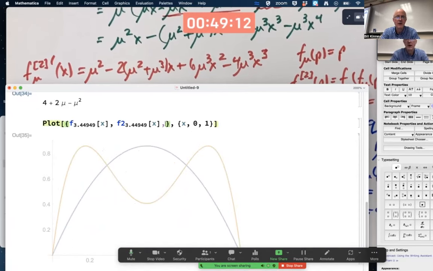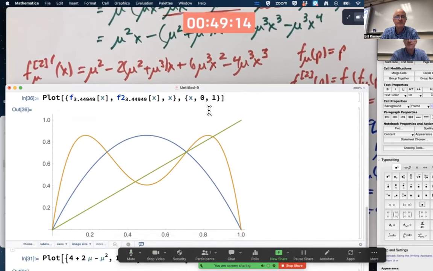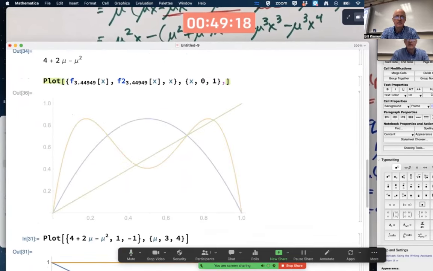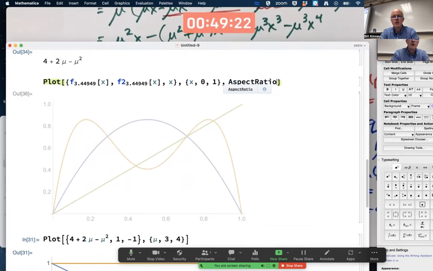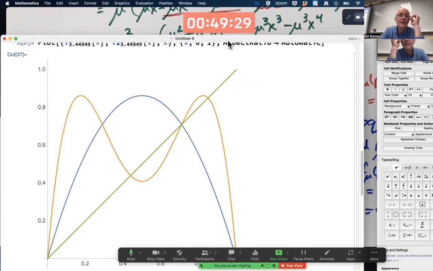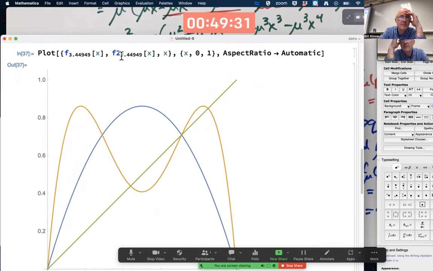I also want to plot y equals x. And it is nicest if you use AspectRatio Automatic, to make the axes the same. What we have here is our bifurcation value of mu, 3.44949, an approximation to it. The exact bifurcation point is 1 plus square root of 6.